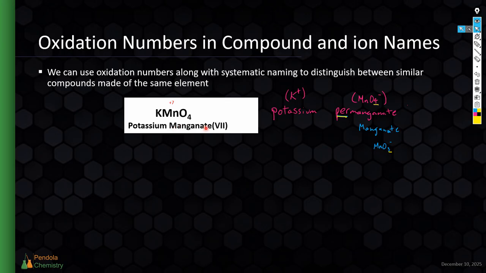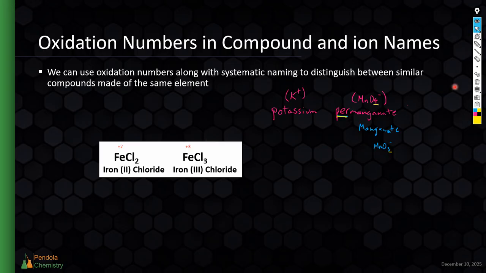The manganate comes from the family, the manganese and oxygen ion family. And then the 7 in Roman numerals represents the oxidation number for the main non-oxygen element, in this case manganese, in that ion. So manganate 7 is manganate 7 because in MnO4 minus, the oxidation number for manganese is plus 7.